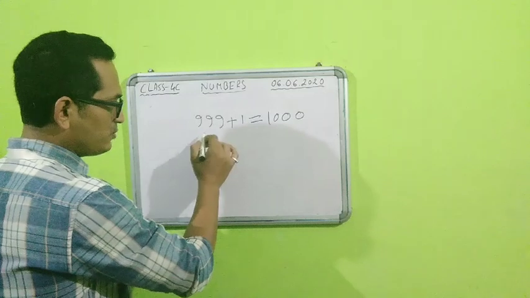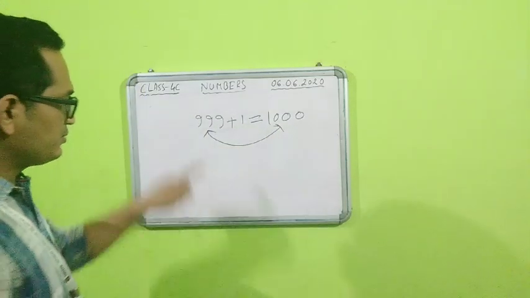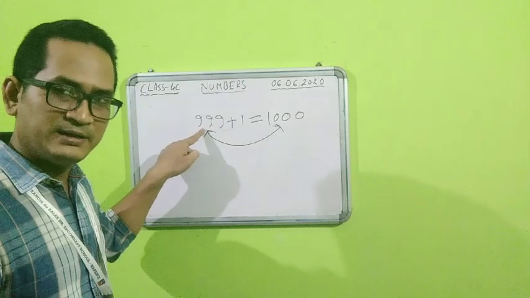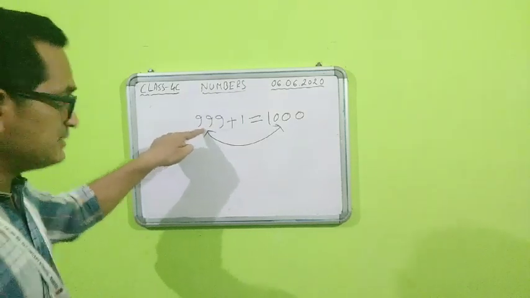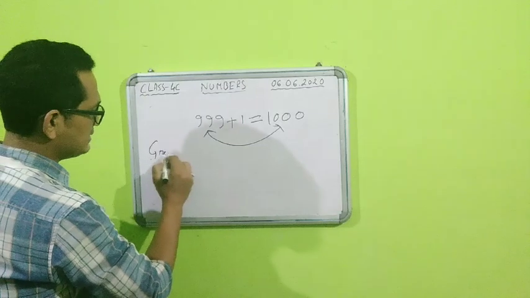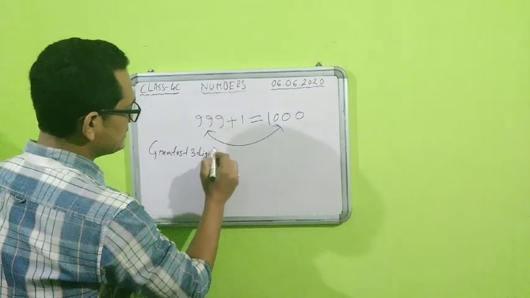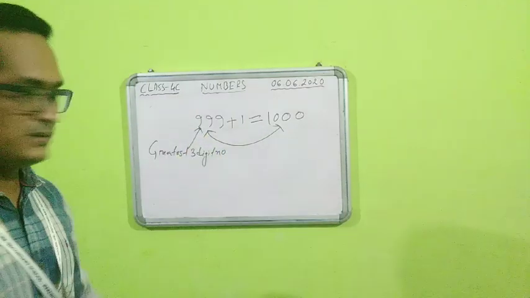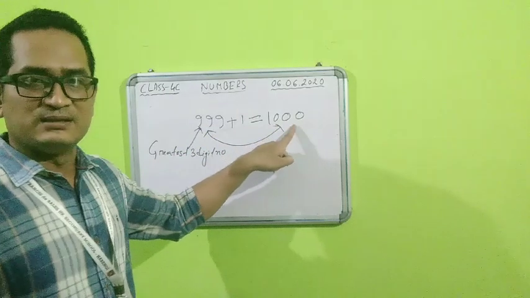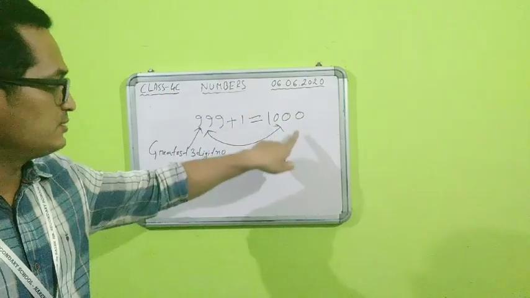So students, have you observed these numbers? What speciality does this number have? This number is the greatest 3-digit number. And its successor, when we add 1 to this greatest 3-digit number, we get 1000.